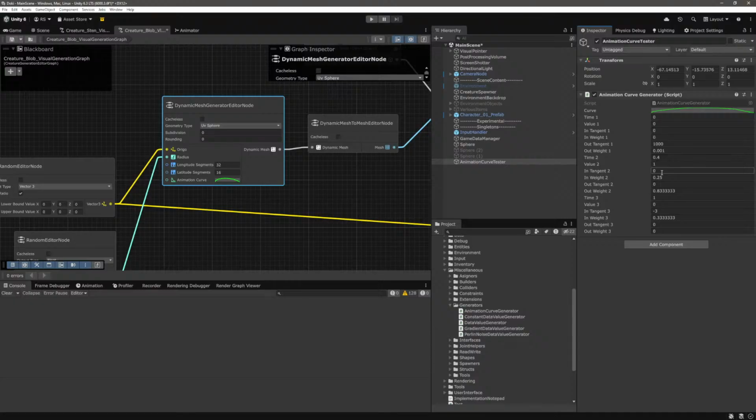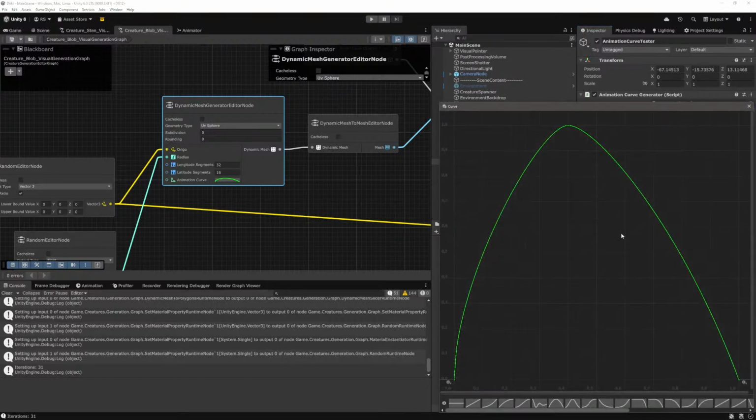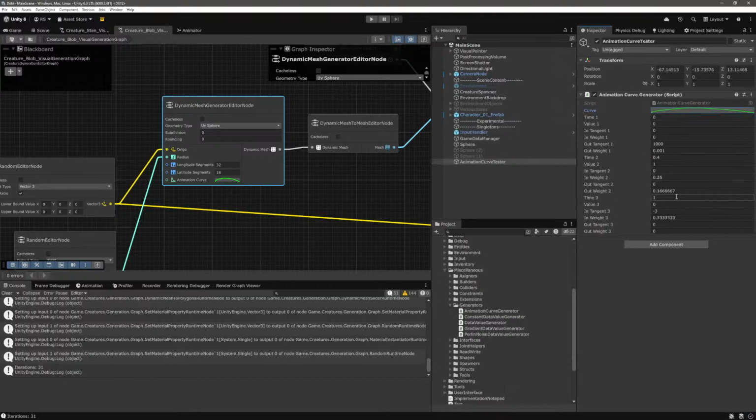So if I want in weight and out weight to be the same, it would be 0.25. What is this one? 1 divided by 6. It should be like this, right? Yes. Okay, okay.